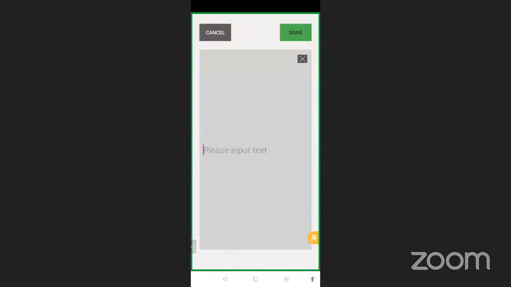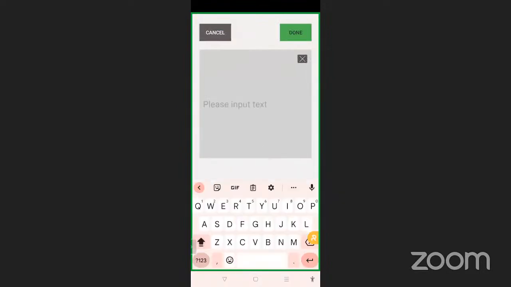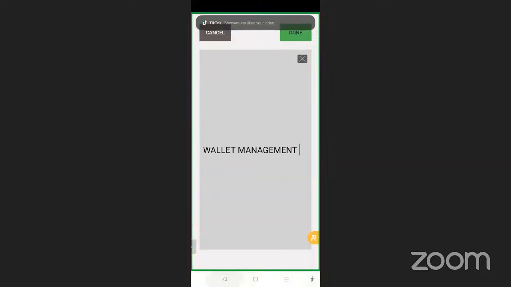So our topic for today is called wallet management. It's our main topic, ladies and gentlemen.